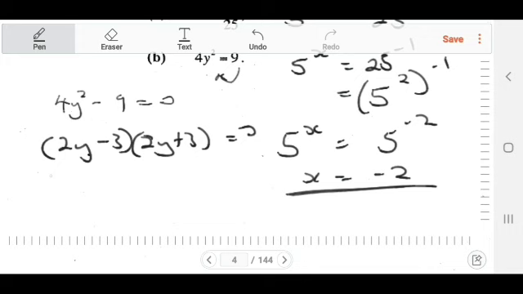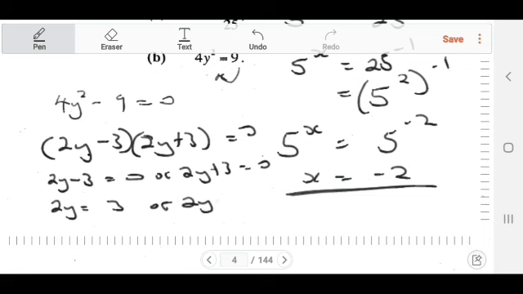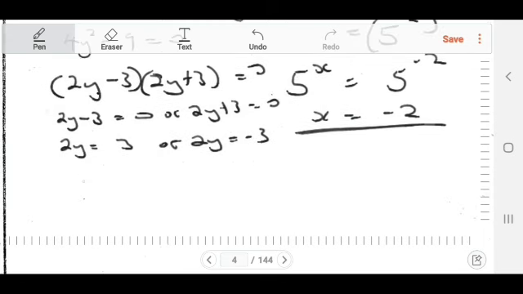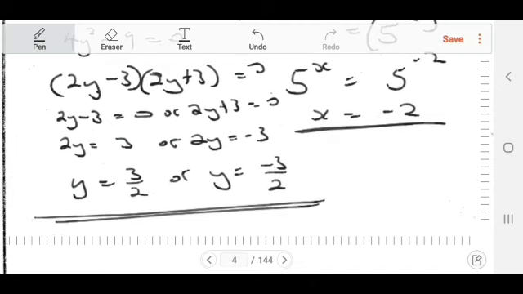Then 2y minus 3 equals 0, and 2y plus 3 equals 0. So 2y equals 3, or 2y equals negative 3. So y equals 3 over 2, or y equals negative 3 over 2. This is our answer there.